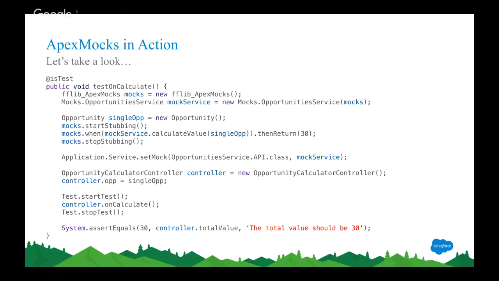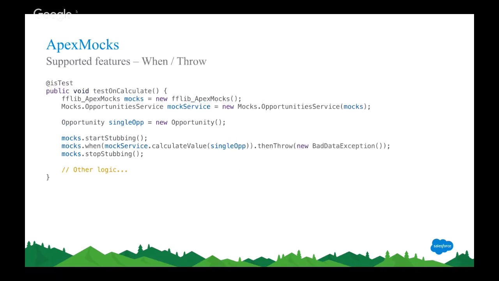So, some supported features on ApexMocks. When return, you just saw this example. There are some overloaded versions of this. Oh, sorry. We have when throw as well. This is similar to when return, but instead of returning a value when that method and parameter combination are called, this will throw a particular exception. This is really useful for error handling testing.